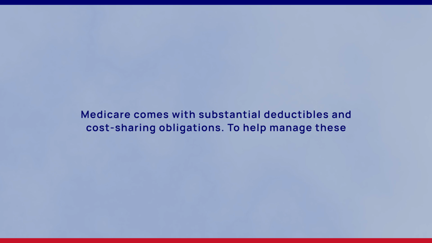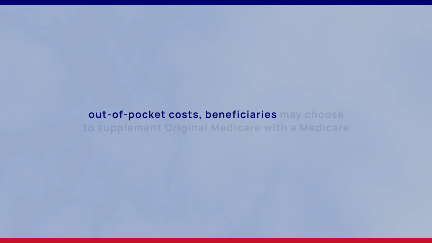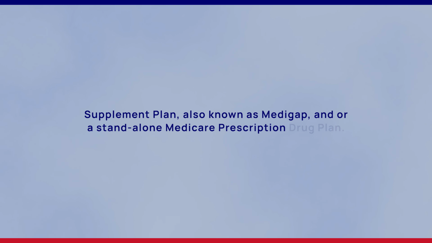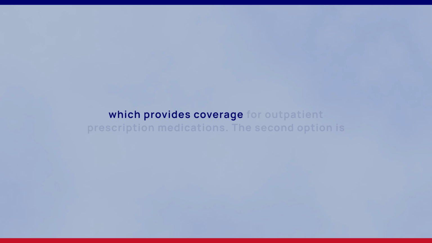However, Original Medicare comes with substantial deductibles and cost-sharing obligations. To help manage these out-of-pocket costs, beneficiaries may choose to supplement Original Medicare with a Medicare Supplement Plan, also known as Medigap, and/or a standalone Medicare Prescription Drug Plan, which provides coverage for outpatient prescription medications.